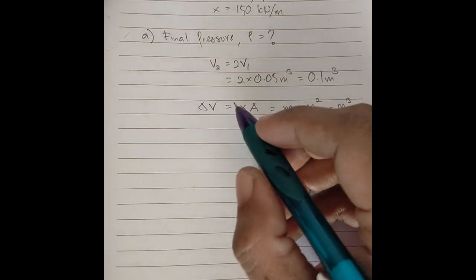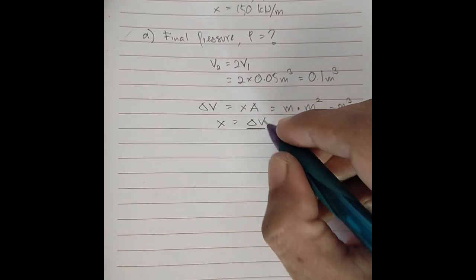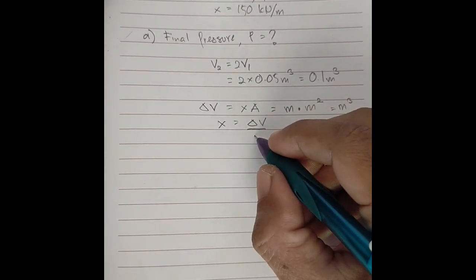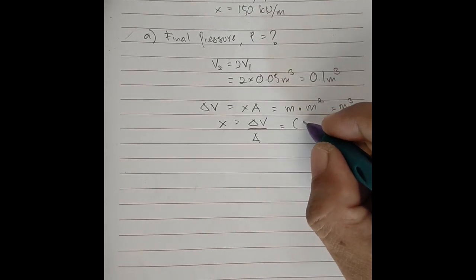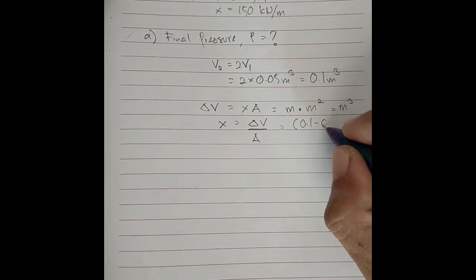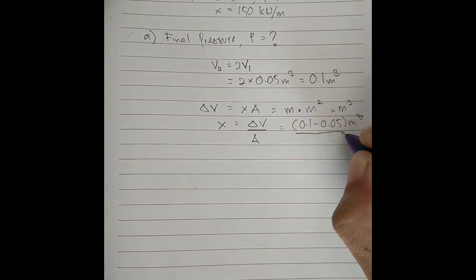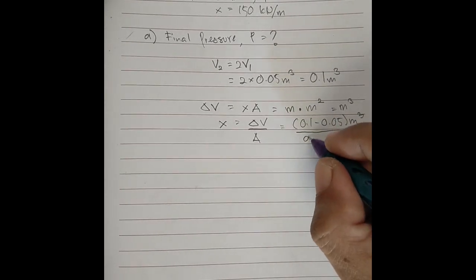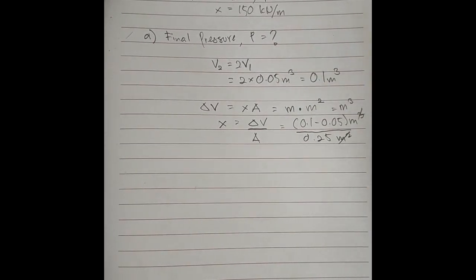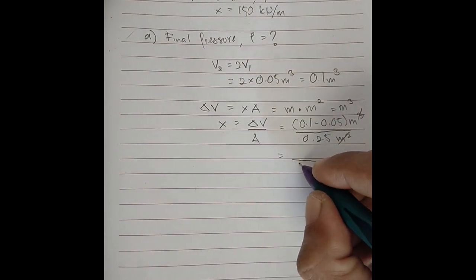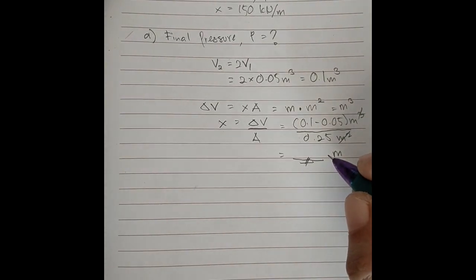Okay, so rearrange the equation. We have x is your difference in volume divided by your area. So we have 0.1 minus 0.05 meter cube divided by your area, 0.25 meter square. So we have the distance in meter.